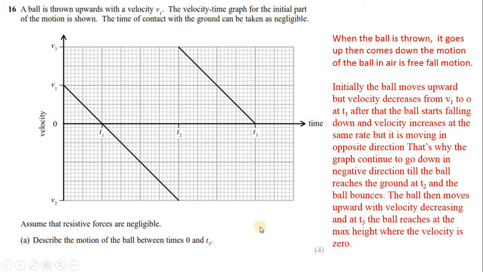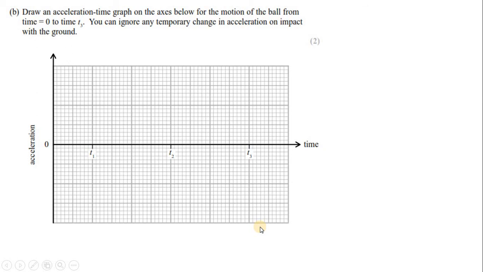Part B, draw an acceleration time graph on the axis below for the motion of the ball from time equal to 0 to time t3. You can ignore any temporary change in the acceleration on impact with the ground. So we are ignoring any time change of impact.